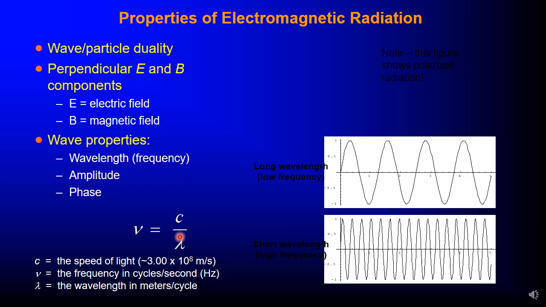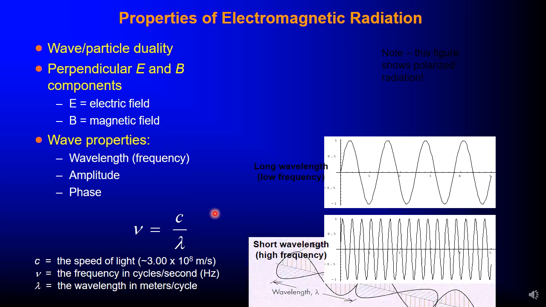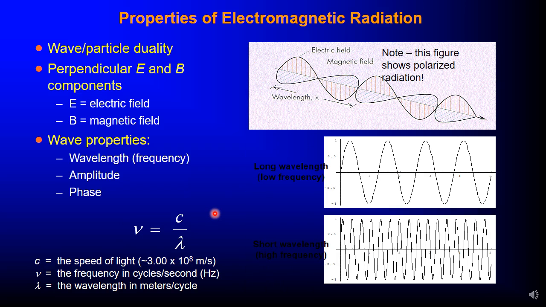If the wavelength is longer, then the frequency will be low. You can see that the electric field is always perpendicular to the magnetic field. So that's just an example there of a polarized radiation.